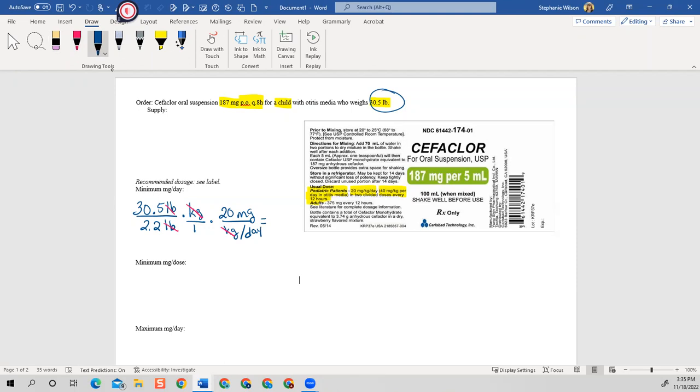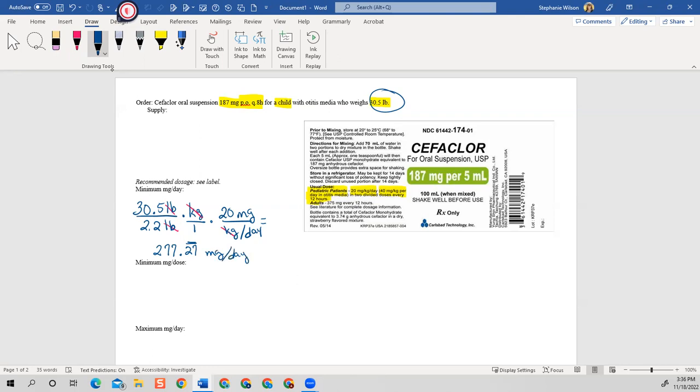So now we have 30.5 times 20, all divided by 2.2. That gives me 277.27, and the 27 repeats, milligrams per day.